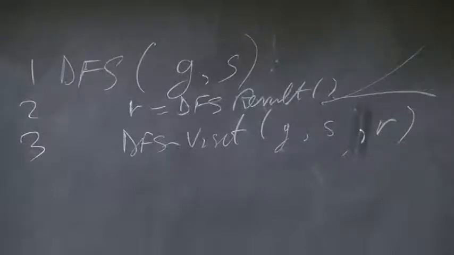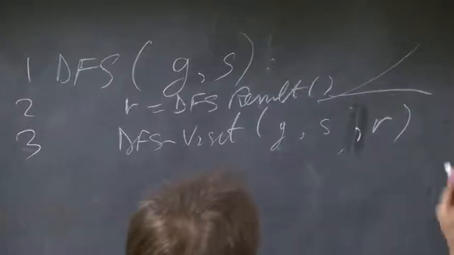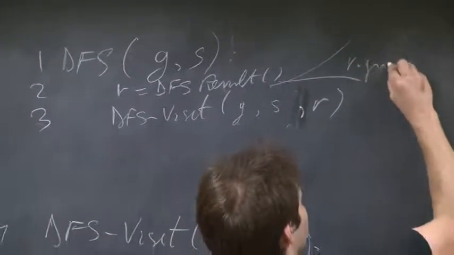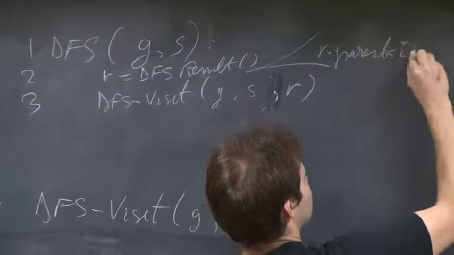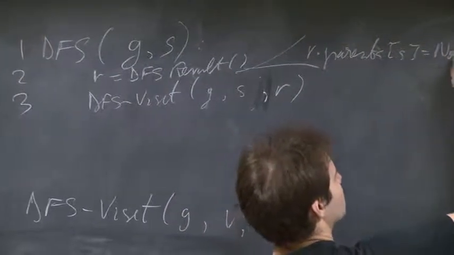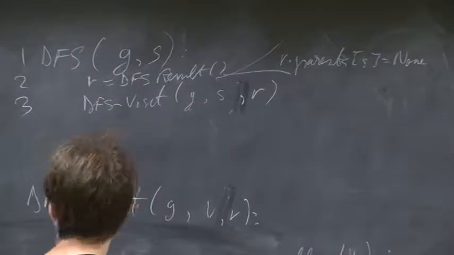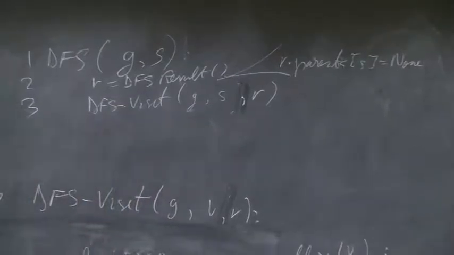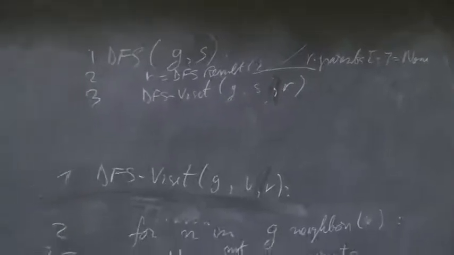Parent of S is none. So r dot parent of S is none. Now this works. Any questions so far? Basic DFS works. Everyone's happy with it?